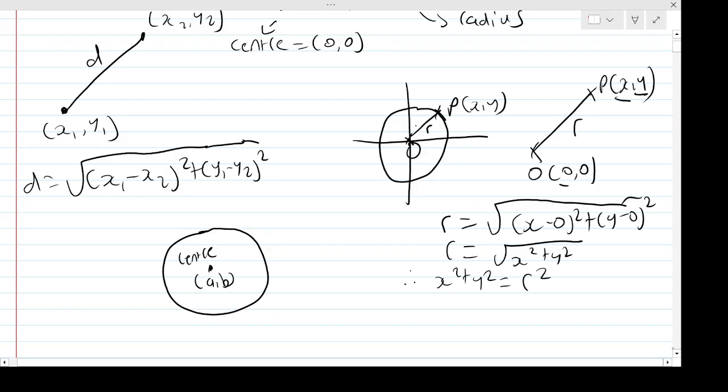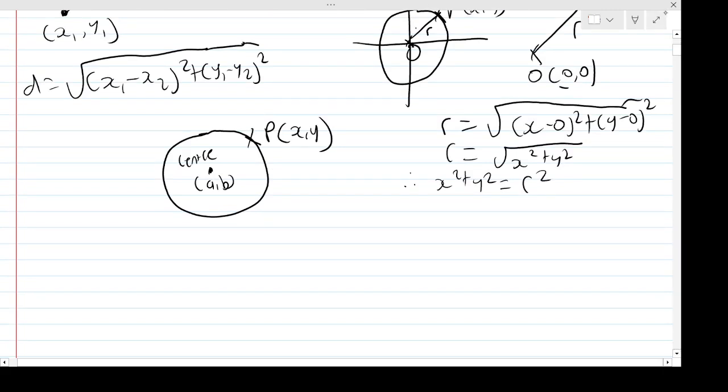Again, then I'm going to take any given point P on the circle, and then it's also going to have an (x, y) coordinate again. Take any point on the outside, any point at all. Then we're going to do the same argument, where the idea is with a circle, the distance from the centre to the outside will always be the radius r.